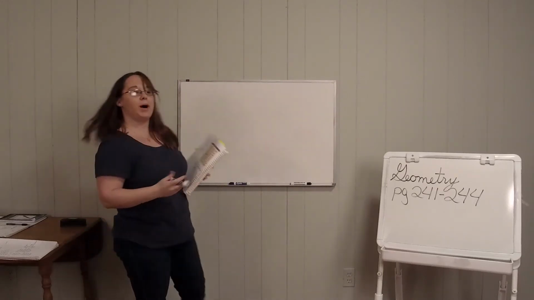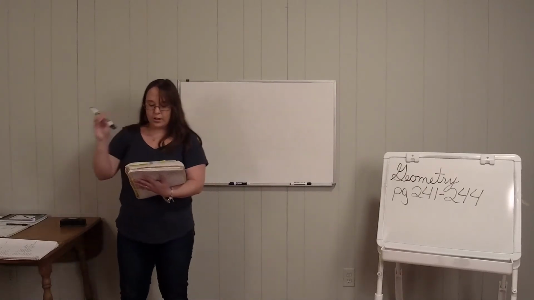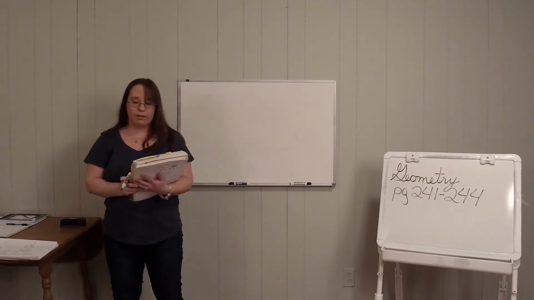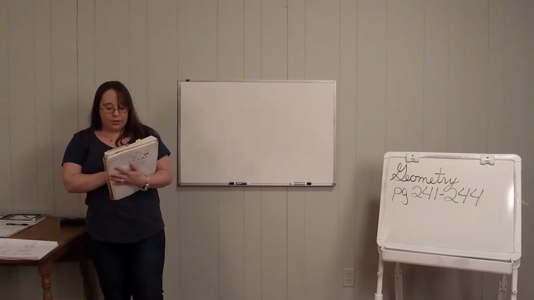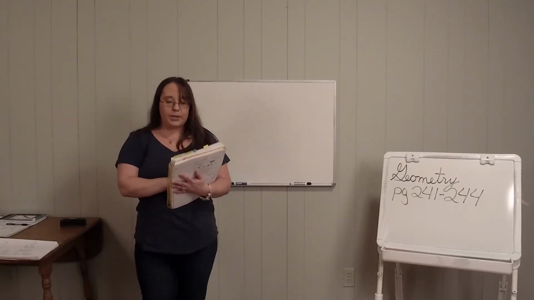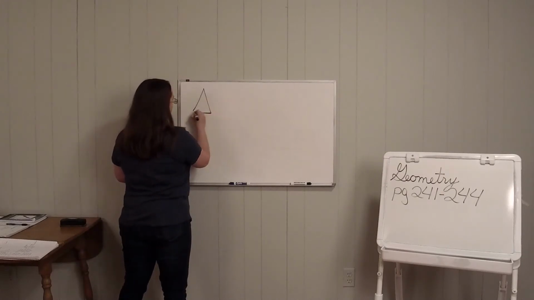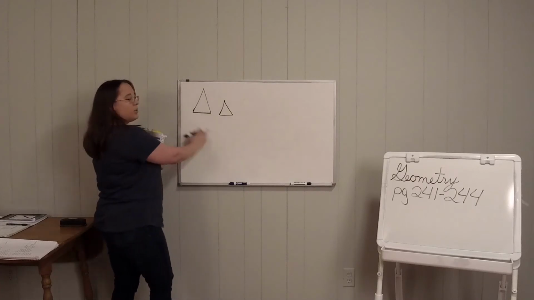So if you look in the box on page 243, it talks about the different geometric shapes. A simple closed figure does not have a point of intersection. Then a similar figure has the same shape but not the same size. So if you take the triangle, for example, these are similar.